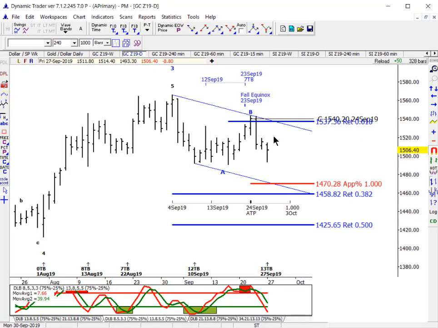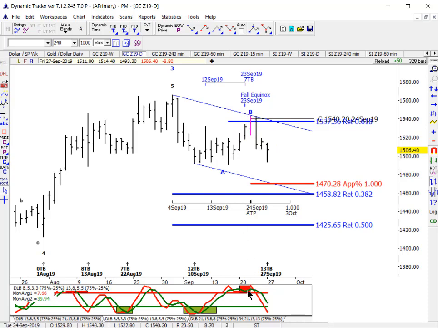Here's our daily data, and we made this top this past week on Tuesday, just 1 day after our ideal and high probability daily time target for a top, which was on Monday, which happened to coincide with the fall equinox. Well, we came up and we knew we were near a corrective high.